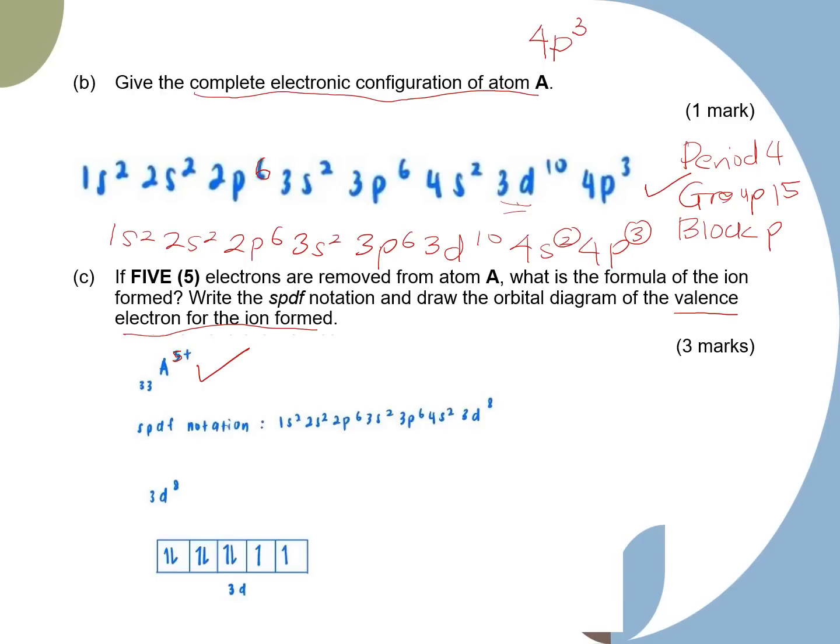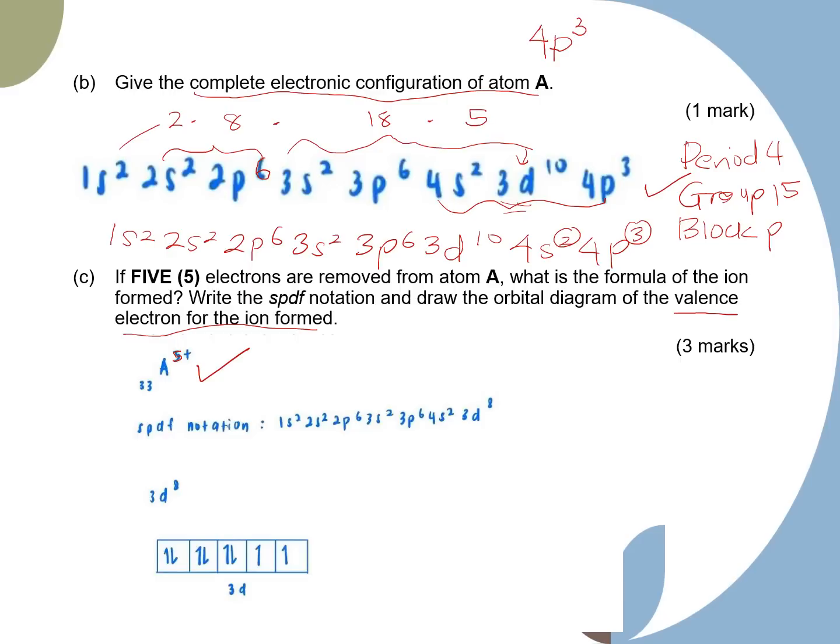Based on this, you can also write the electronic configuration similar to what you have learned in school, to check whether your answer is correct or wrong. So right here it is 2, this one is 8, plus the 3d 18, 4s2 and 4p3 is 5.